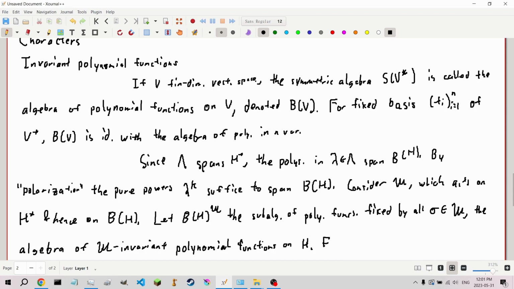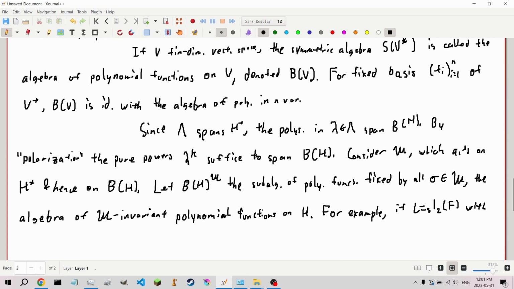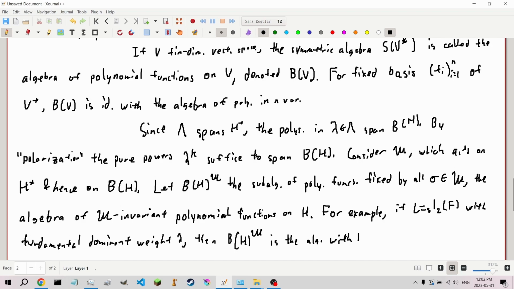For example, if L is SL2 of F with fundamental dominant weight lambda, then the algebra of Weyl invariant polynomials, I did not write that right, is the algebra with one generator, lambda squared.